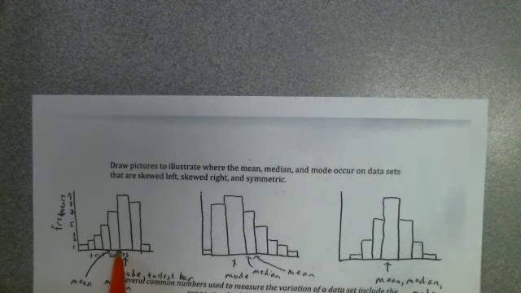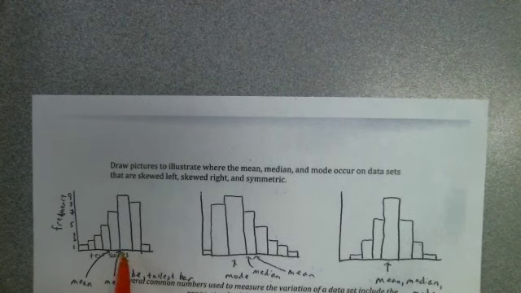Now, people get very hung up on trying to estimate where the median is. I mean, you're just supposed to eyeball it. So you're trying to find the spot where if you add up all the heights of the bars to the right, it equals the heights of the bars to the left if they were added up.